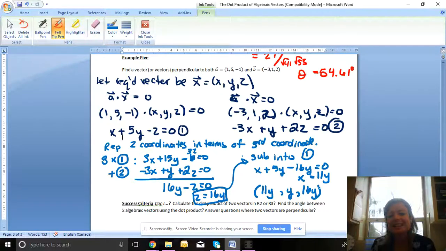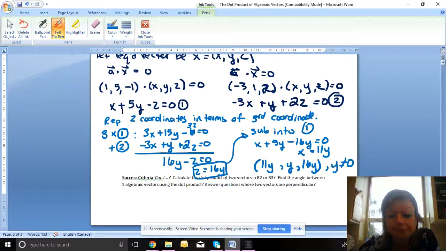So how does this actually solve the problem? Well, this represents, okay, sorry, I should say that y cannot equal 0. This represents a set of vectors that are perpendicular to the plane created by A and B. So if you let y be anything you want, you'll get an infinite set of collinear solutions, okay? So here you can see what I wrote.